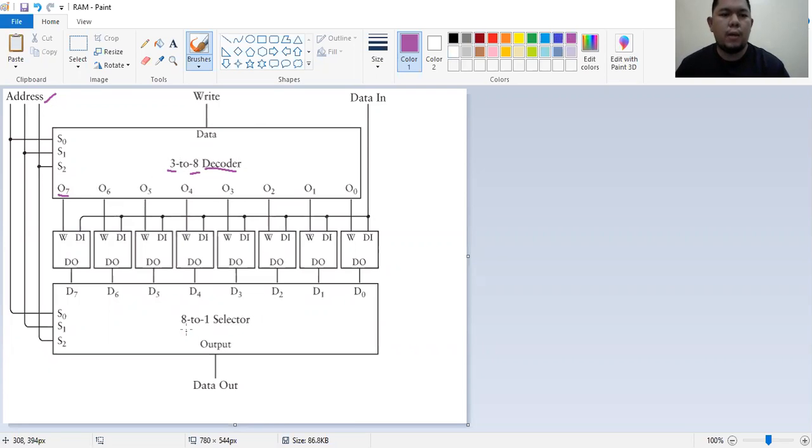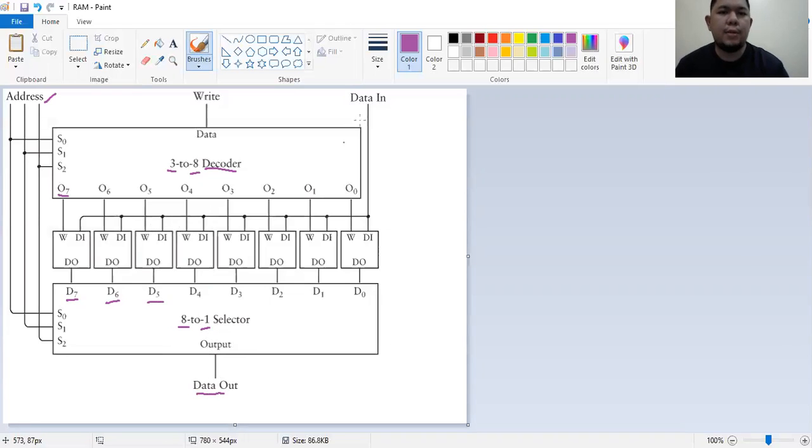Okay, so an 8 to 1 selector, 8 pertains to the number of inputs it can take in, and the single output, that is the data out.